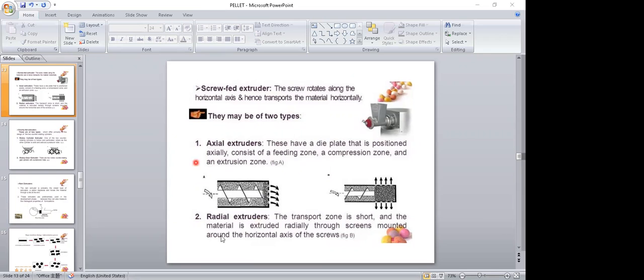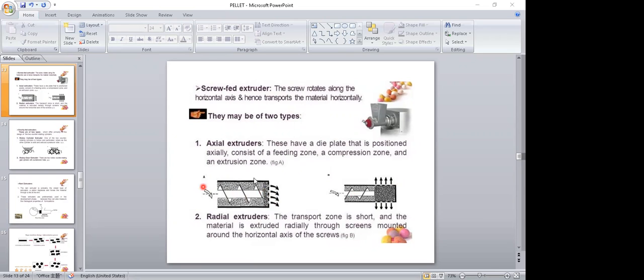Now there is a slight difference between the radial and axial. As you can observe in the first figure, this is the axial extruder and the other one is the radial extruder. So in the axial extruder, the die plate is positioned axially.